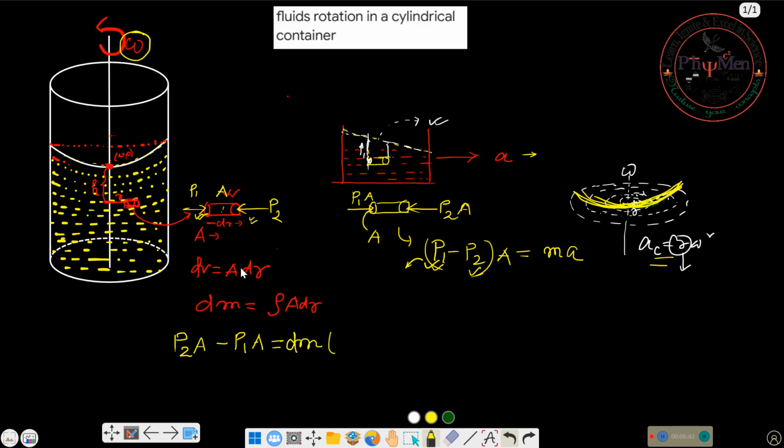Since this element is at a distance r from the axis, it will have acceleration r omega square, since every liquid particle here is rotating with angular speed omega. If we put in these values, P2A minus P1A equals rho A dr times r omega square.